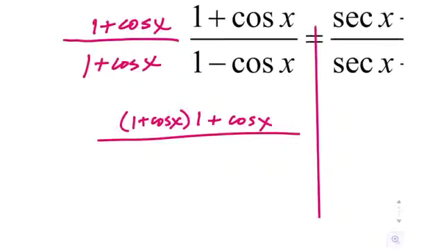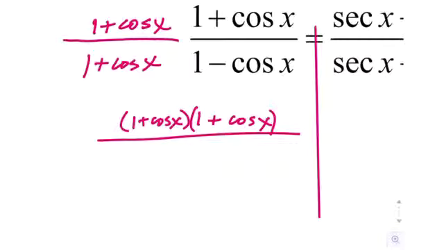Because that's just 1 plus cosine of x times 1. Very good. If you write it like that, that's just 1 plus cosine of x, the factor group that you have in parentheses, times the identity element of multiplication, 1, right? And then you do that, and then at the end you add cosine. So don't do that, right? Say what you mean and mean what you say. If you wanted that to be multiplied, you should have parentheses around it, okay?